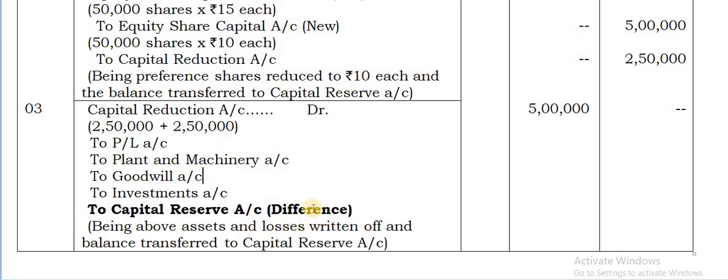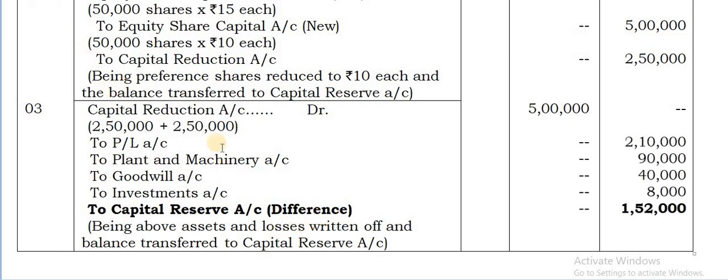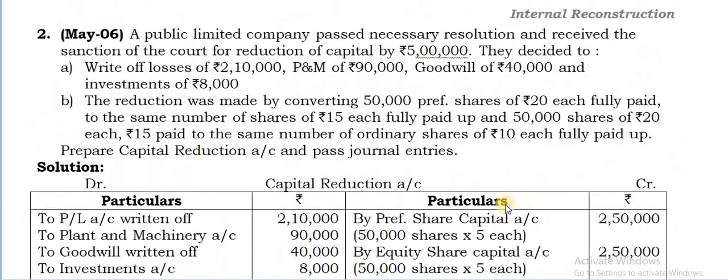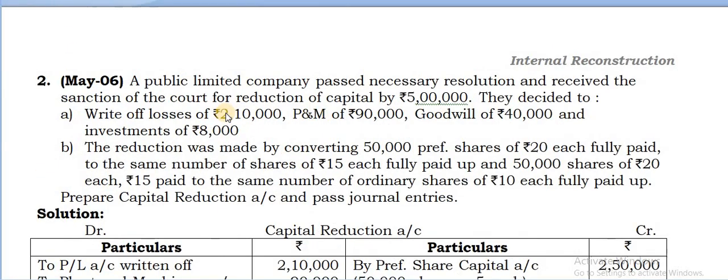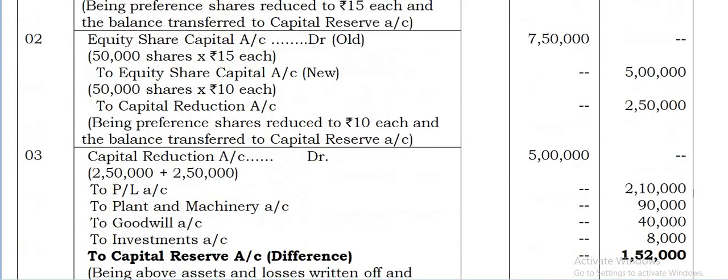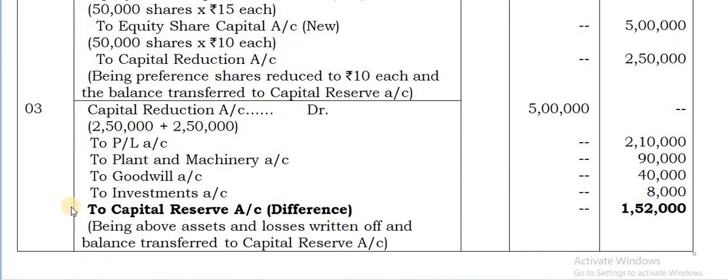That is the difference. So you can take the values whatever is given here: 2,10,000, 90,000, 40,000, 8,000, and still the difference you are getting. Now the difference is taken as capital reserve account.